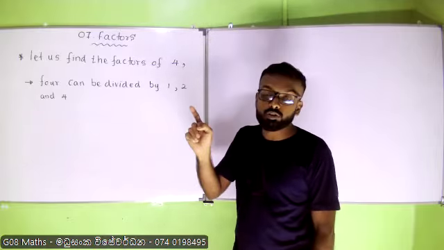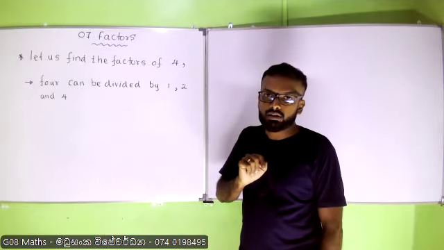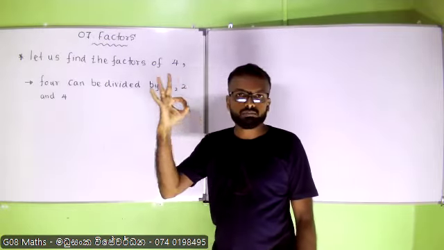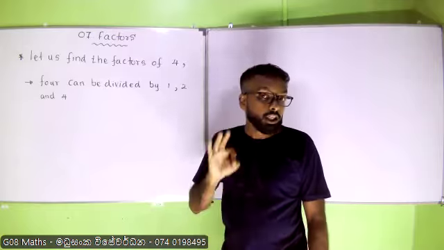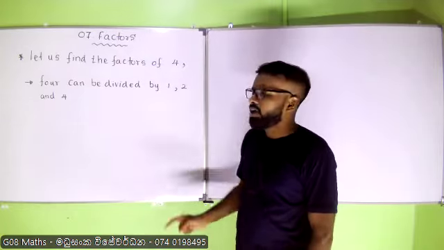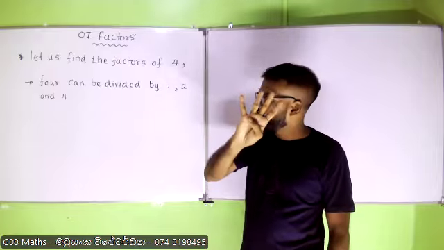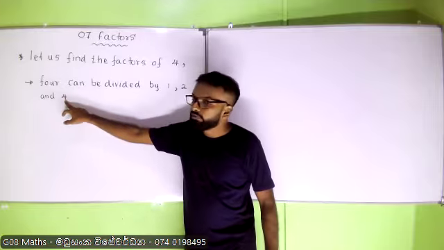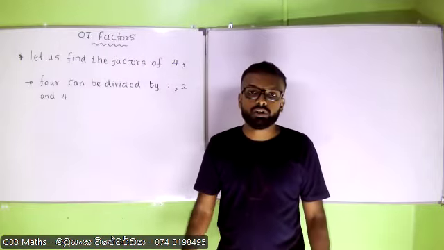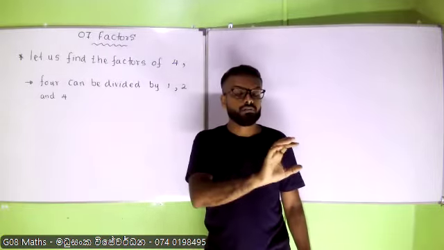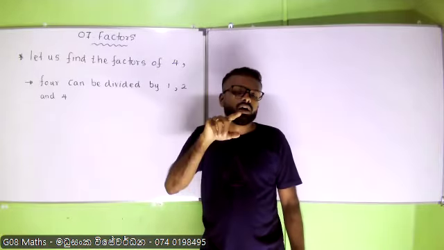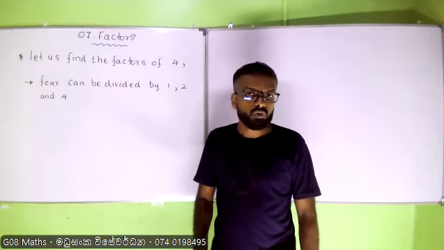So that is the logic you need to understand. If we divide number 4 by 2, our remainder is 0. Then number 2 becomes a factor. And number 4 can be divided by itself as well. 4 divided by 4, then remainder becomes 0.